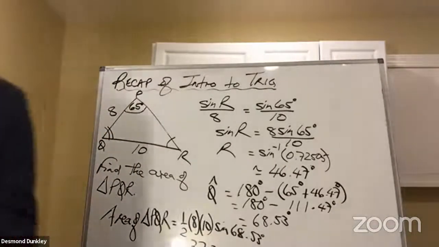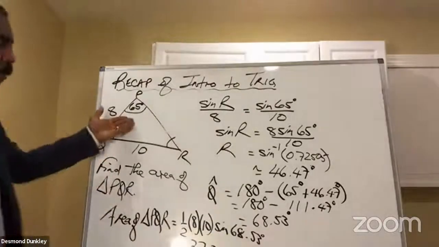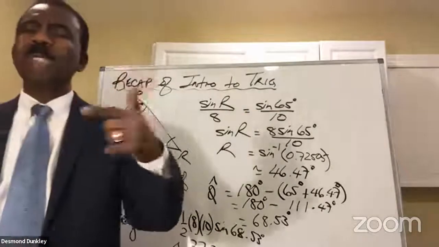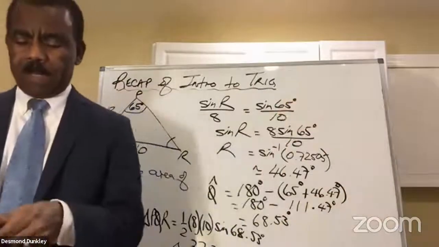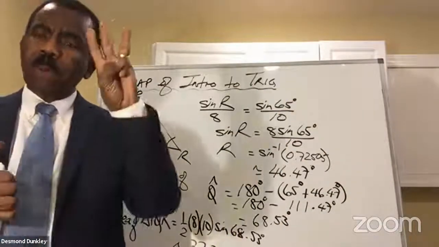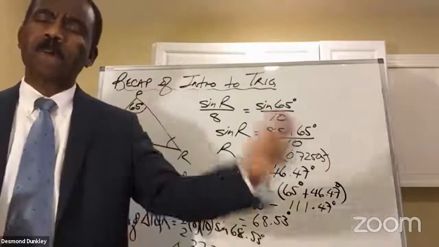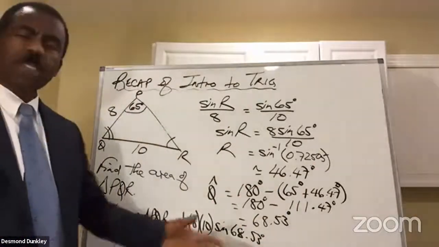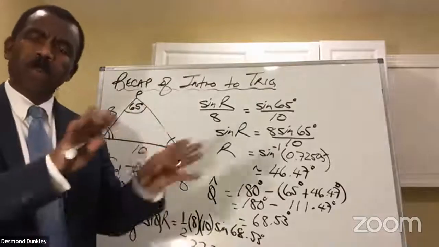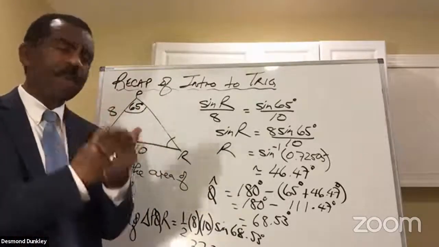So to recap, you were asked to find the area of a triangle that you could not use a half base times height. You did not have all 3 sides, so you could not use Heron's formula. So we're stuck with trying to do some footwork before we can actually find the area.